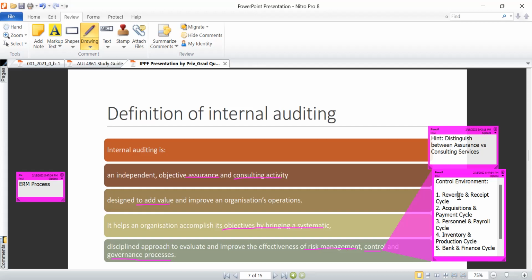Then there's what is known as inventory and production cycle. Inventory and production cycle, you'd find this particular process activity a lot where there is manufacturing of a product from scratch. So you need to have, for example, procurement of raw materials. Then you take the goods through what you call work in progress or work in process until you have the finished goods.